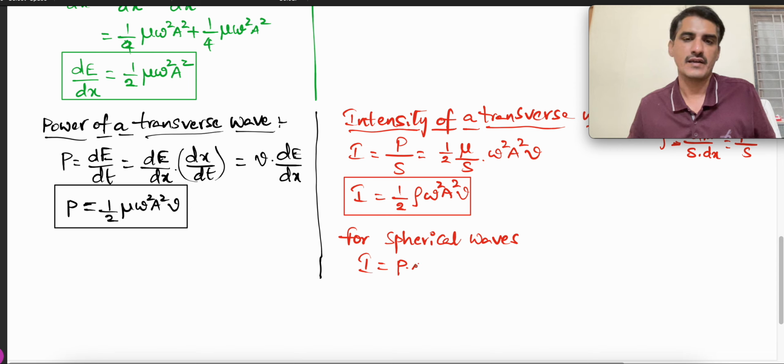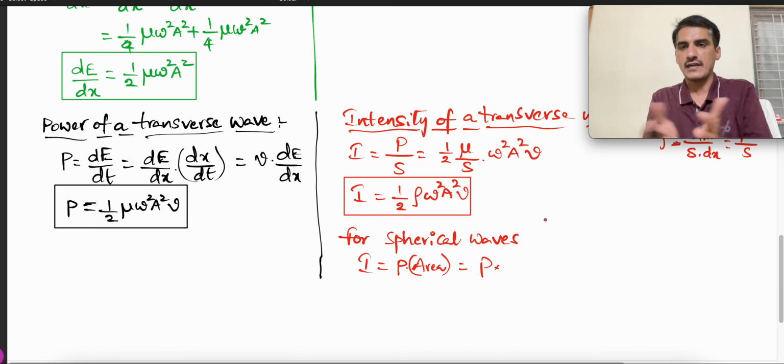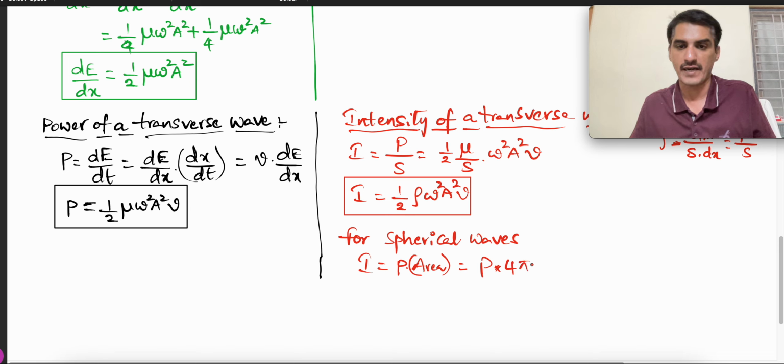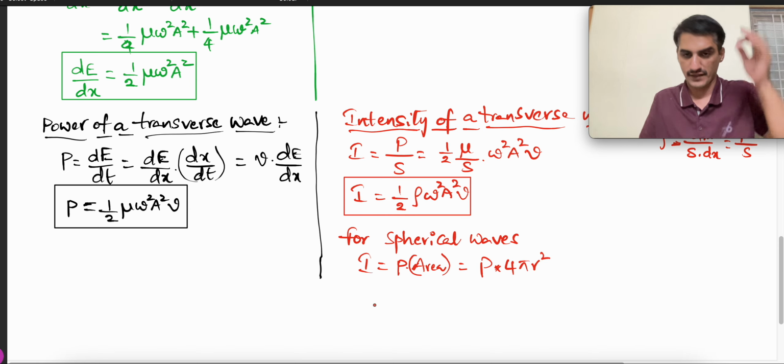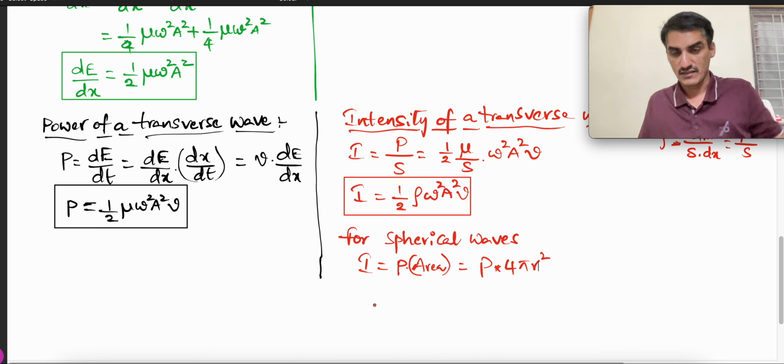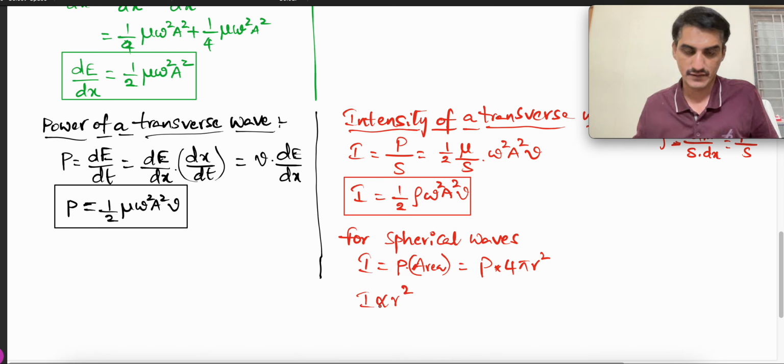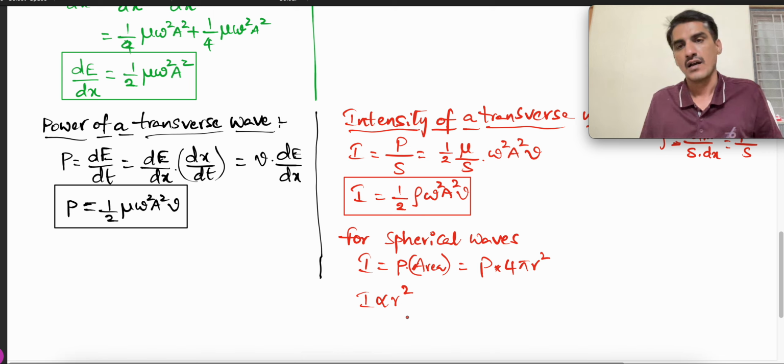If it is a spherical wave front, not in a string, then we can write P by 4 pi r square, the surface area. Therefore, I is inversely proportional to r square. This is about spherical waves. Do you understand?